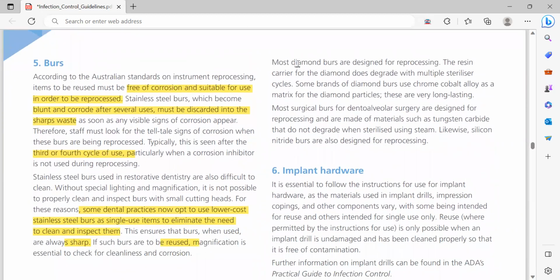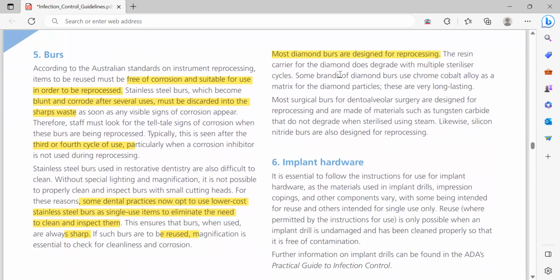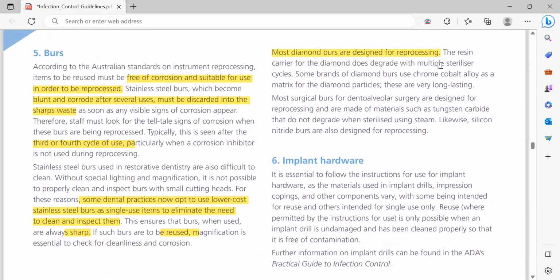Most diamond burrs are designed to be reprocessed. The resin carrier of the diamond does degrade over multiple sterilizer cycles. Some brands of diamond burrs use chrome cobalt alloy as a matrix for the diamond particles, and they are very long lasting.